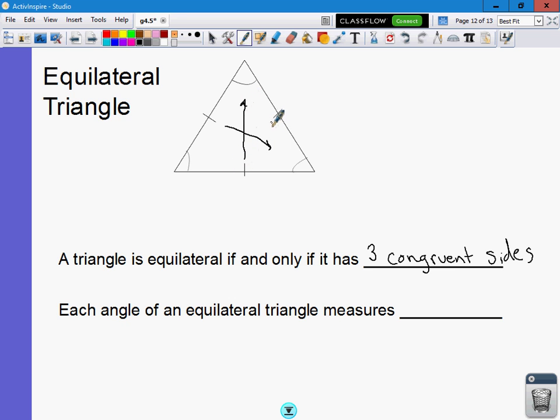But if I turned it the other way, we would have been able to see that this would have also been the same. So all three angles have to be the same. How big does that make each angle measure in an equilateral triangle? 60 degrees. We all good?